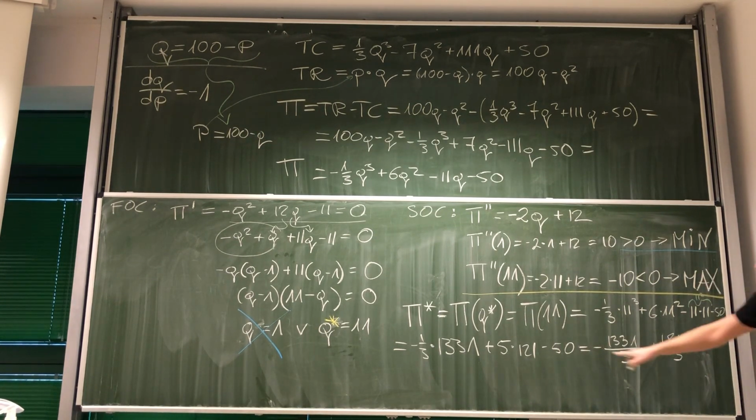And finally, out of this we will have minus 150 over 3.